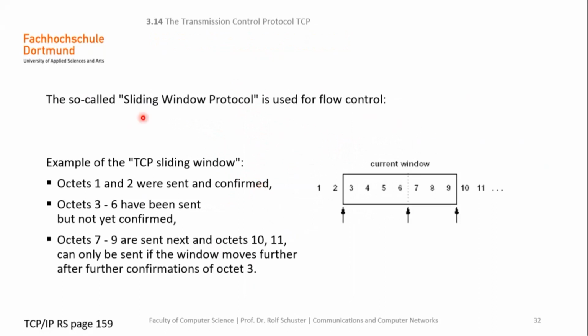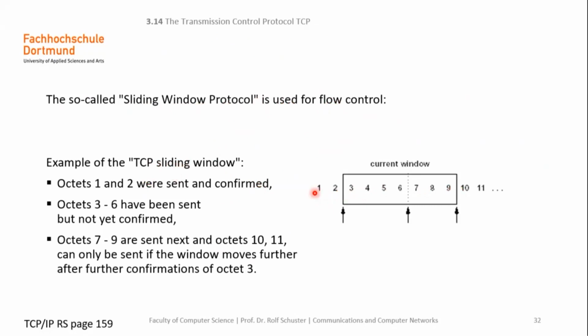And then the so-called sliding window protocol is used for sequence control and flow control and congestion control. And this is an example of TCP sliding window. We transmit octets in different segments.